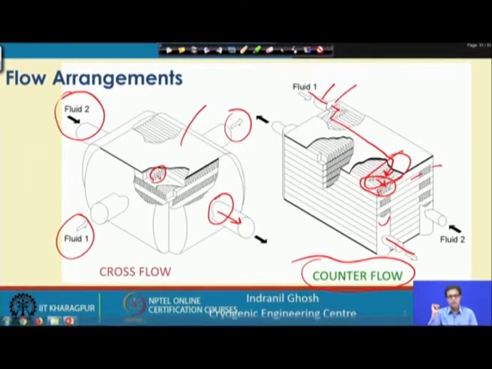So, we need to ensure a good contact. At the same time, we also need to ensure that there is no leakage or puncture of the separating plate, so that fluid 1 and fluid 2 or any other fluid do not mix with each other. So, that we also have to ensure.